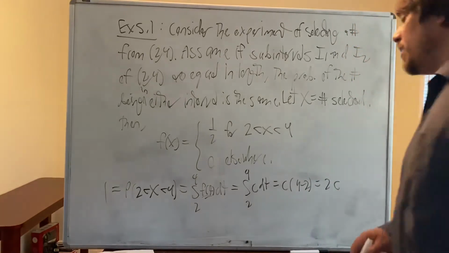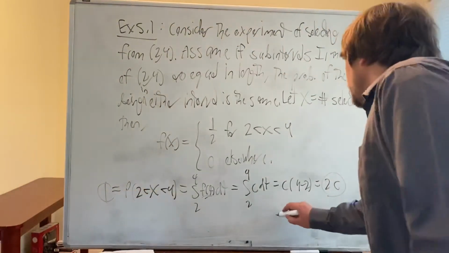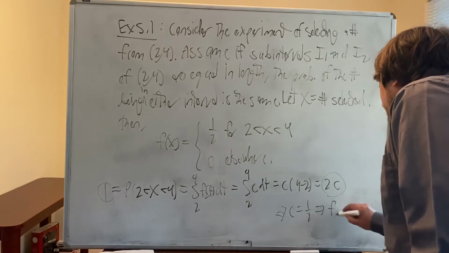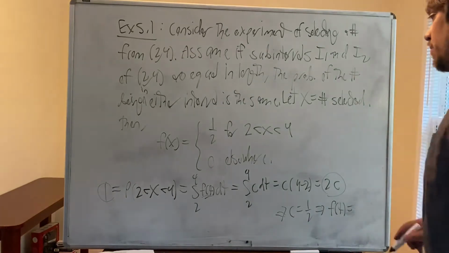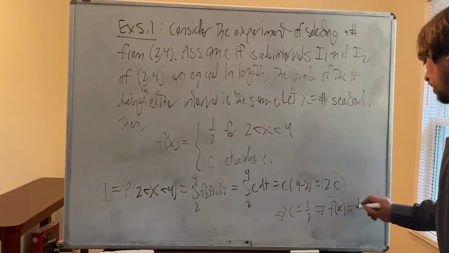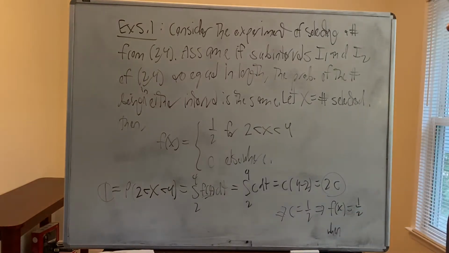That's 2c. So what we're saying is 2 times that constant is 1, and that implies that the constant is 1/2. And so that implies that f of x is 1/2 for 2 less than x less than 4.